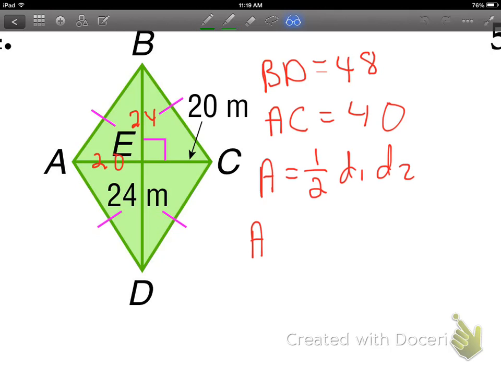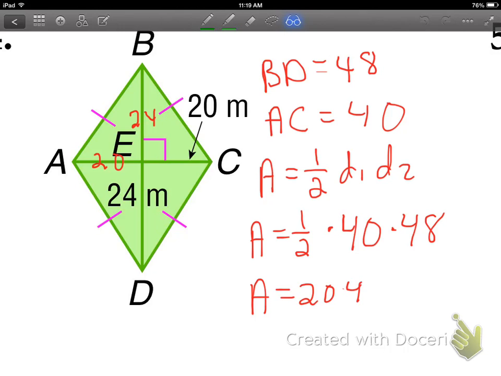So in this picture, the area is 1/2 of 40 times 48. Again, you could grab a calculator, but I know 1/2 of 40 is 20, and that would be 20 times 48, and that's 960. Your correct units would be square meters.